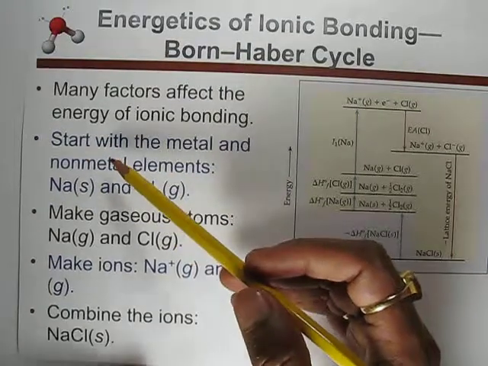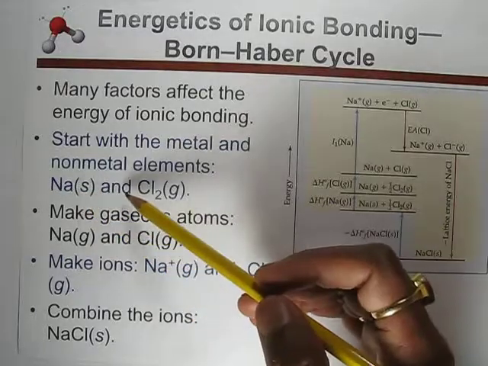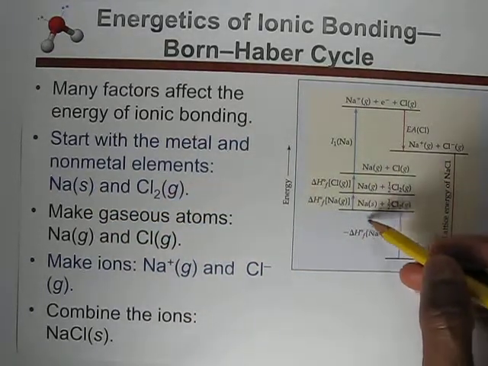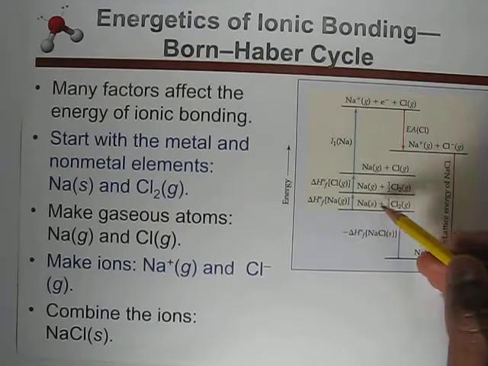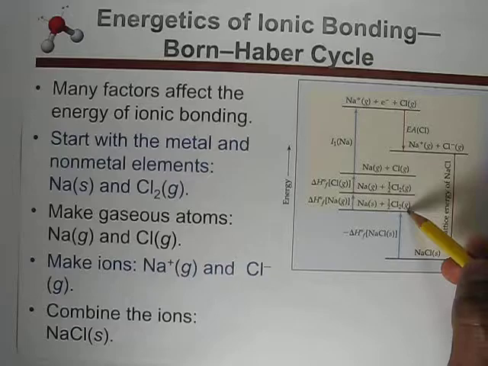Number one, we start with the metal and non-metal elements: sodium solid and chlorine gas. This is the starting point, where we have sodium metal in solid form and chlorine in gaseous form.